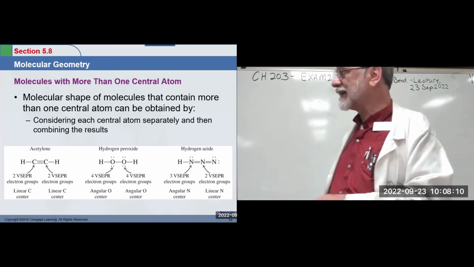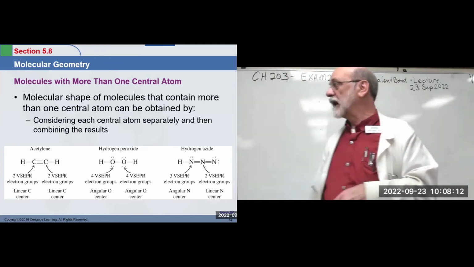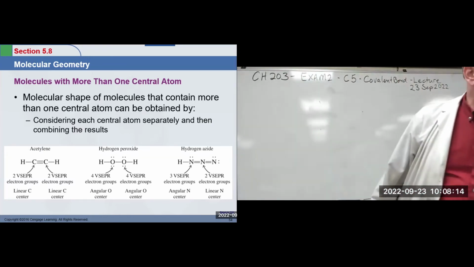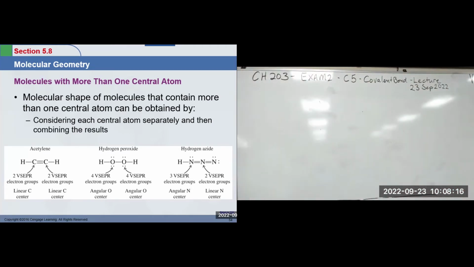Hydrogen peroxide is a little different, right? One side of the molecule over here, on that side, would look like water, right? It would have these 2 be bonds, and these 2 be lone pairs and form the tetrahedron. Then you cover up the lone pairs and you have a bent.